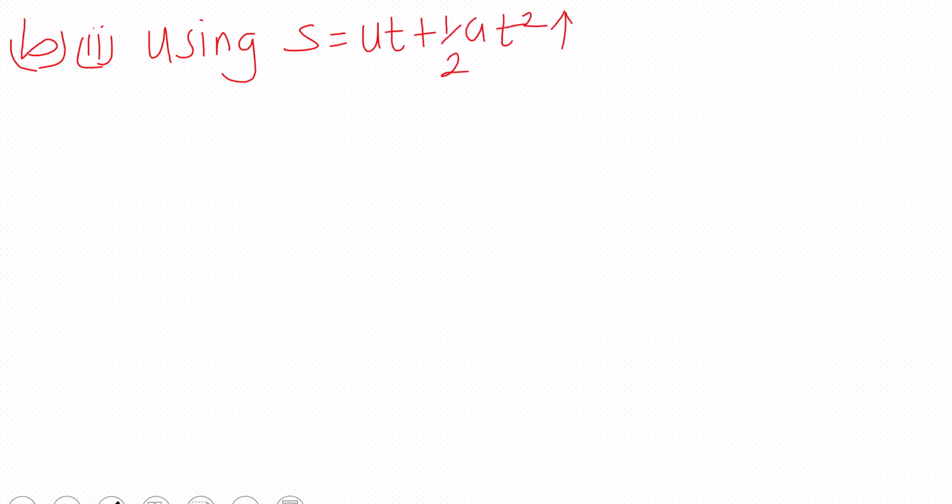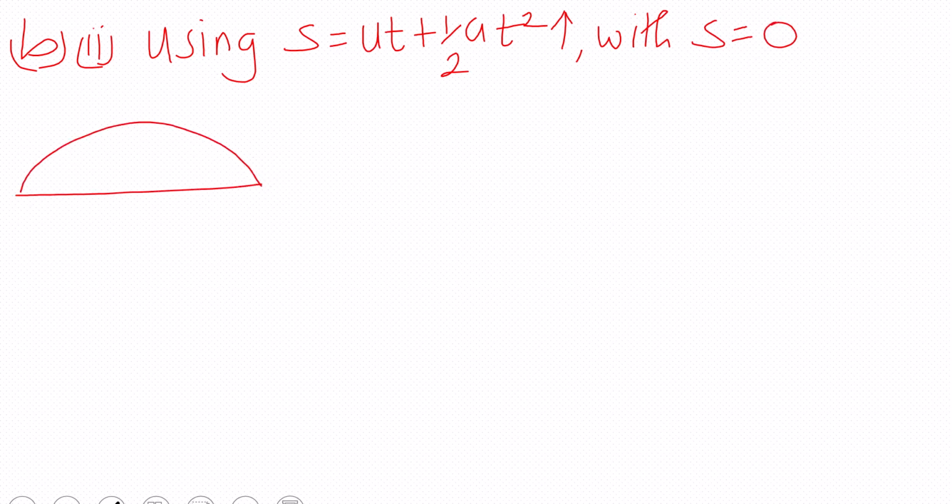We are considering vertical motion, with S equaling 0. For time of flight, when a particle moves from this point up to this point, its displacement in y is 0 at both points. So at this point here, y is equaling 0. That means S in the y is 0. That's why I'm making that S a 0.